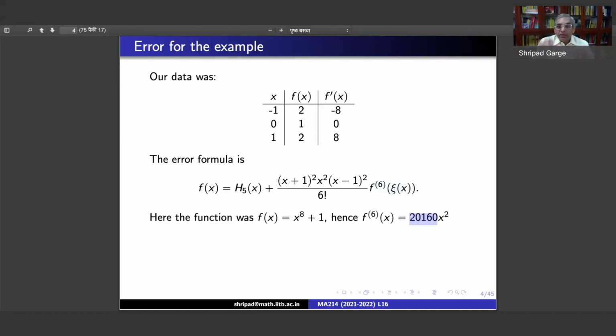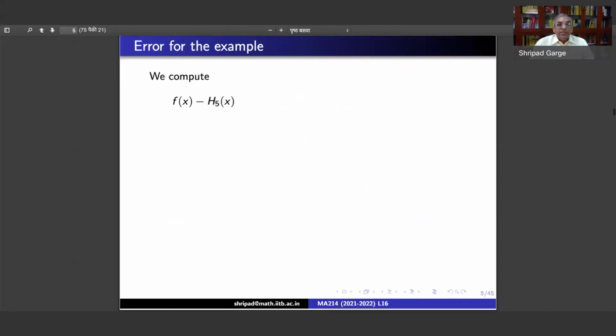Then we have 3 into xi x whole square. That's what we have. We of course have that the computed Hermite polynomial is 3x power 4 minus 2x square plus 1. So let's compute the difference f x minus h5 x.